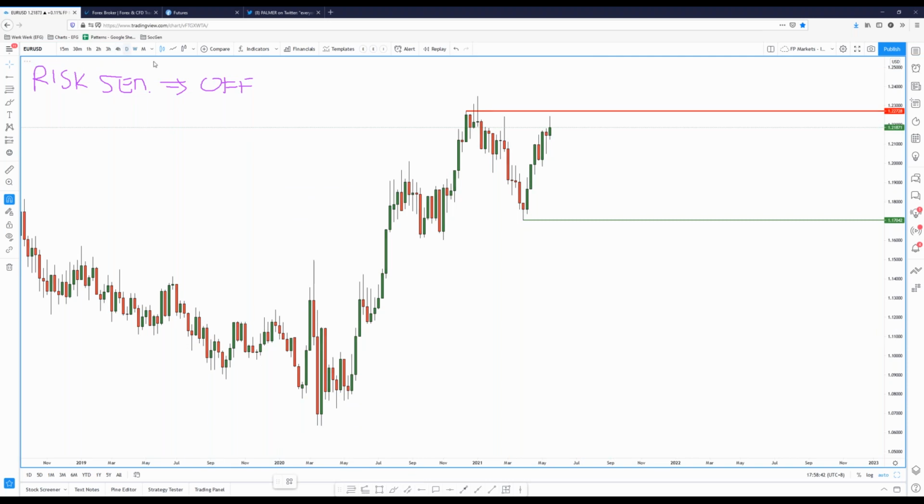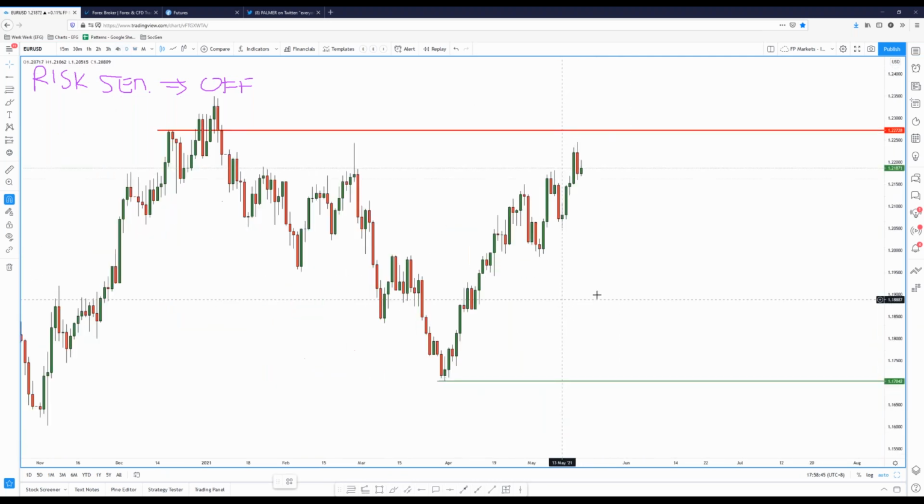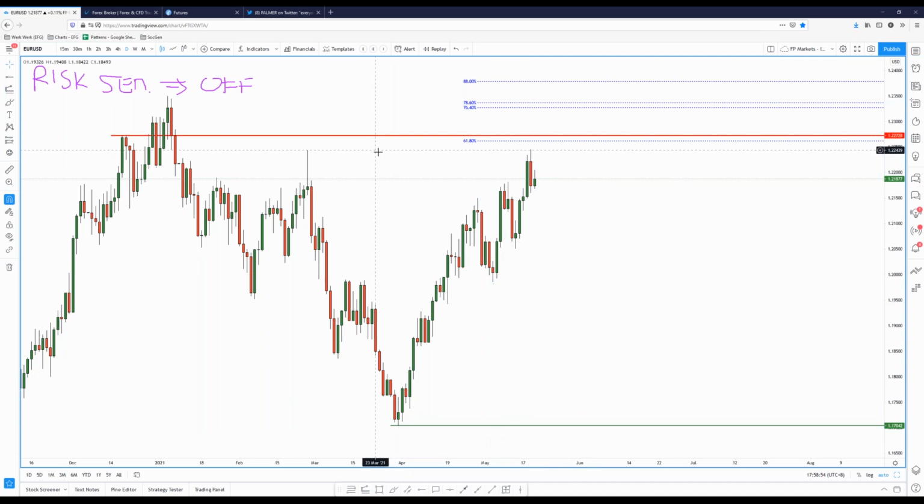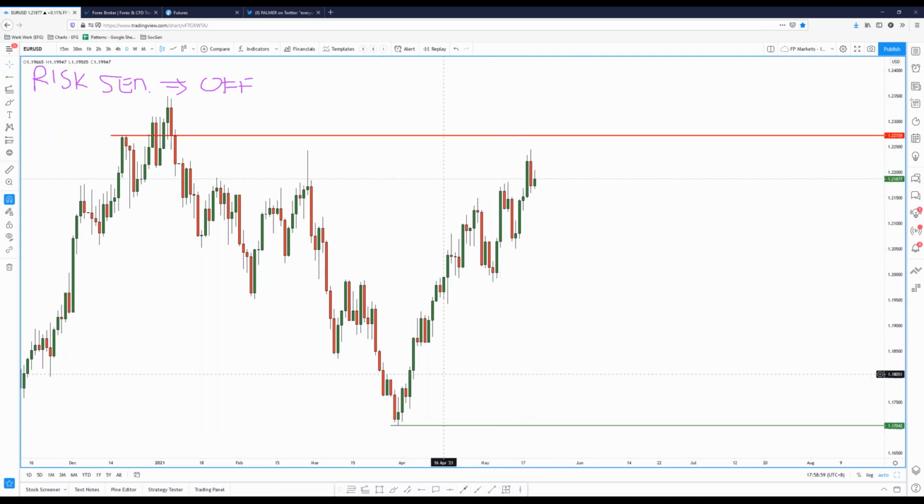Okay, let's go down to the daily. Right, on the daily, we see this zigzag pattern. So 0.1, 0.2, 0.3, and you can see that our weekly swing high is in line with 61.8. Okay, so because this trend is so strong, right? Price could possibly push up.